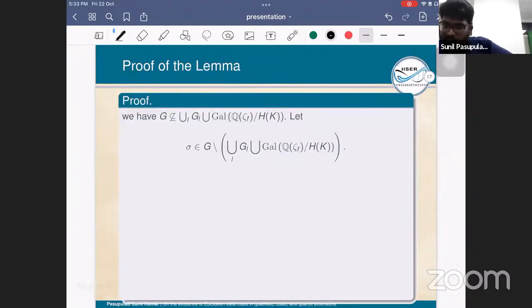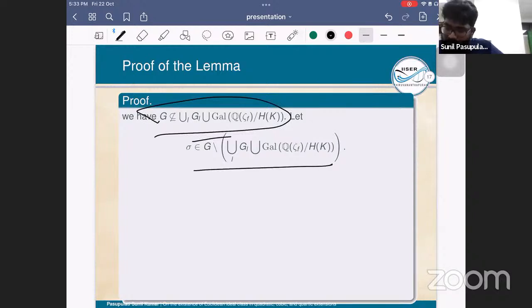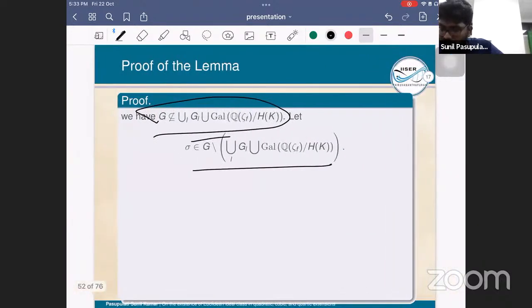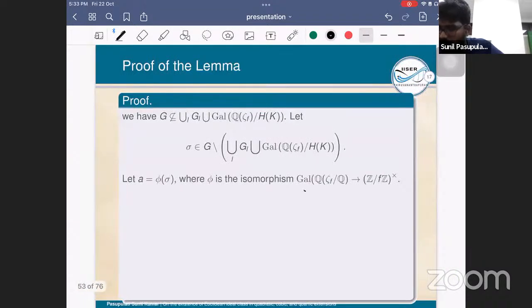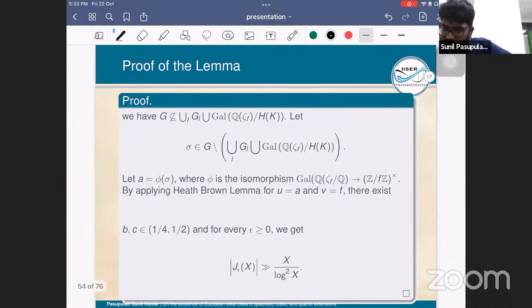So I have this assumption in my main theorem. Suppose there exists a sigma from G but not from H, then I can use this isomorphism between the cyclotomic field and the Galois group of the cyclotomic field, and I produce an A, and this A will work.